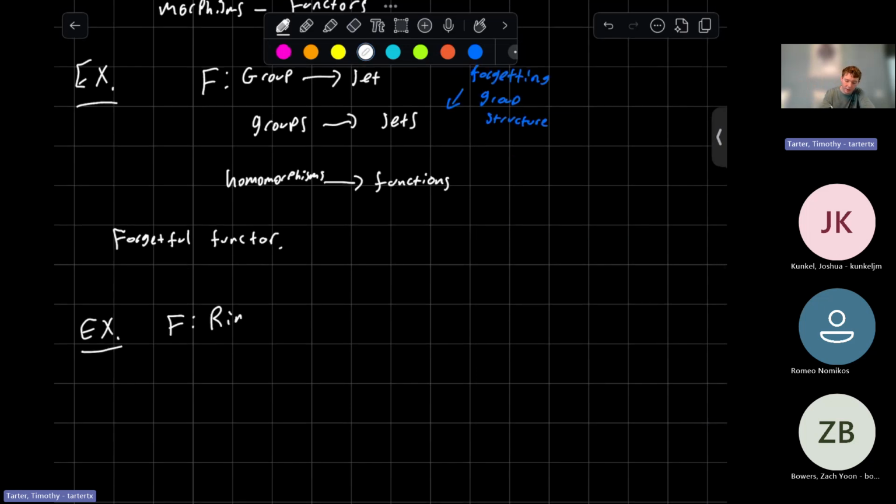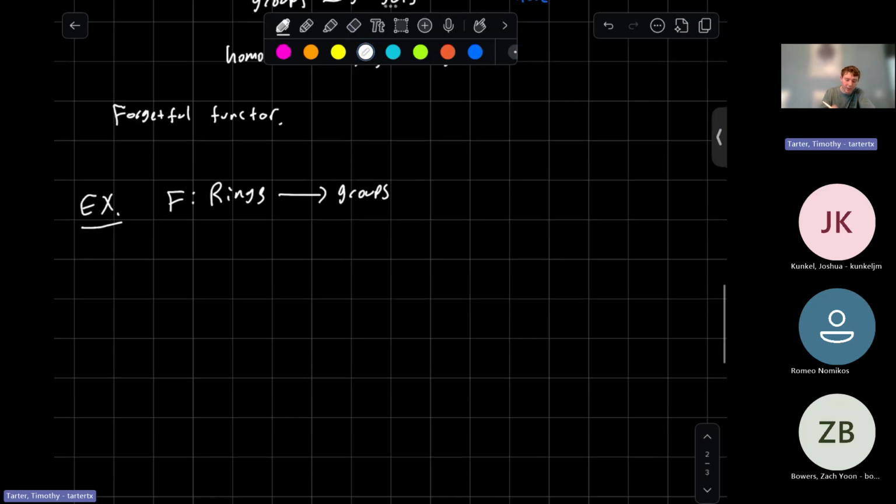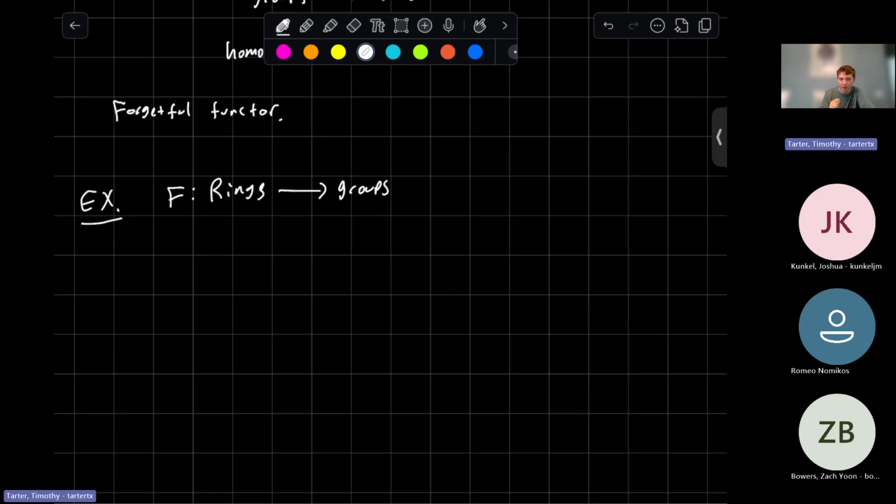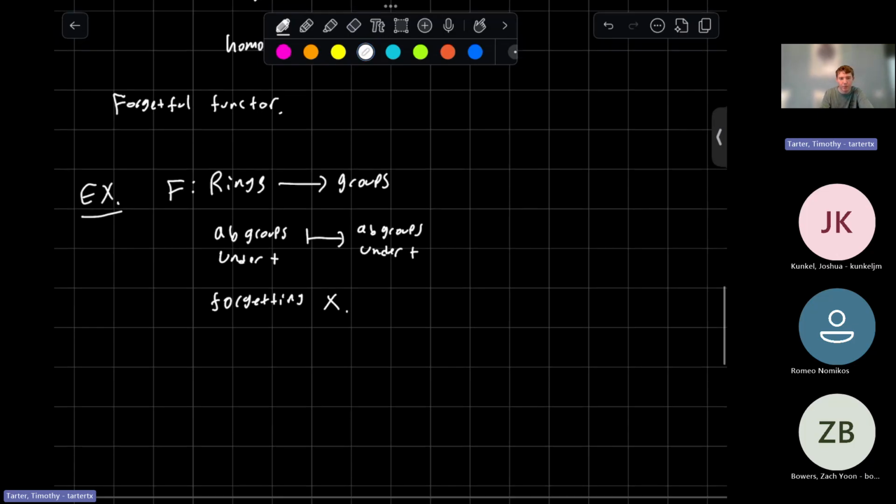But for example, if we have a functor from rings to groups, then what we can do is, we can say, all right, let's take the rings, let's take the abelian group under addition, and let's send it to an abelian group under addition in groups, right? So what we're mapping is abelian groups under plus to abelian groups under plus, and forgetting the ring structure, right? Forgetting multiplication.